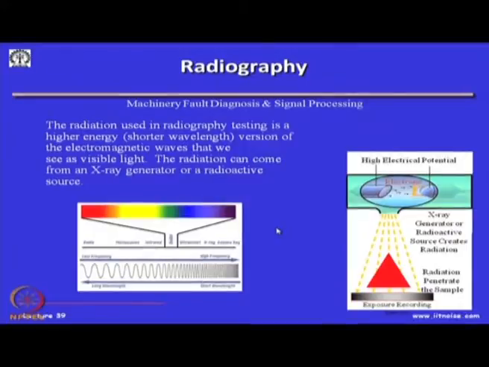Now, how are these X-rays generated? So, what we have here is an animation of this. There are two electrodes, one an anode and one a cathode.